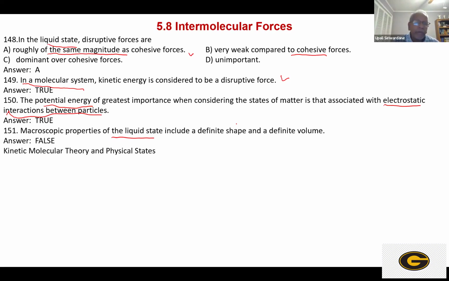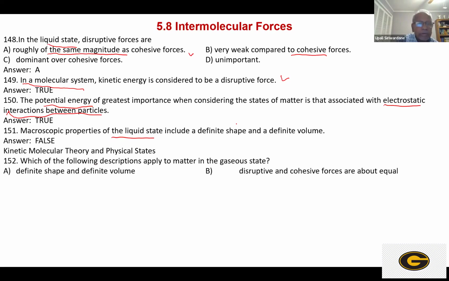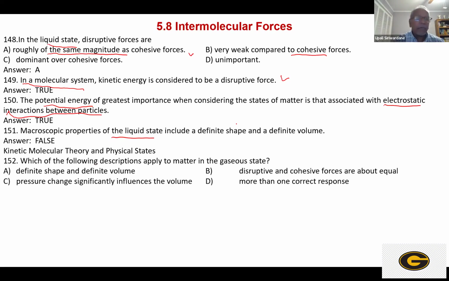Molecular theory and physical state. Which of the following descriptions apply to matter in the gaseous state? We talked about the gaseous state. Cohesive forces are weaker than the disruptive forces. Therefore, there are no cohesive forces in the gaseous state.